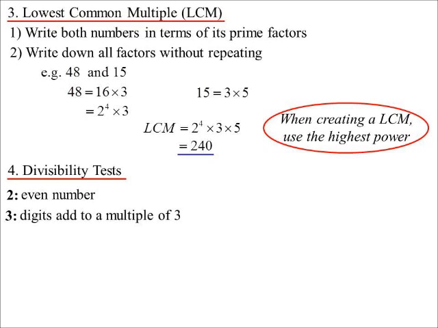Divisibility test for 3. Again, don't cheat. Say that again. Very good. The digits add up to be a multiple of 3. 4. Good. Last 2 digits are divisible by 4.